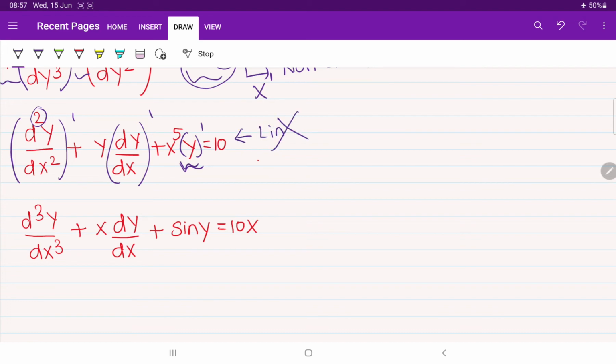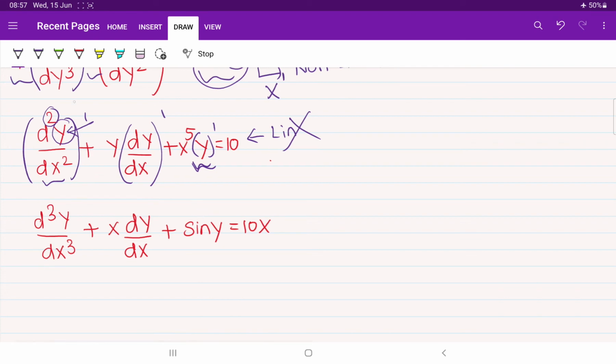No sir, your answer is wrong. Why is it wrong? Because we are differentiating y with respect to x. So it is very important to observe which variable you are differentiating here. I am differentiating y with respect to other variables. So if you are differentiating y with respect to other variables, then in front of this differentiation, y should not exist in any form.